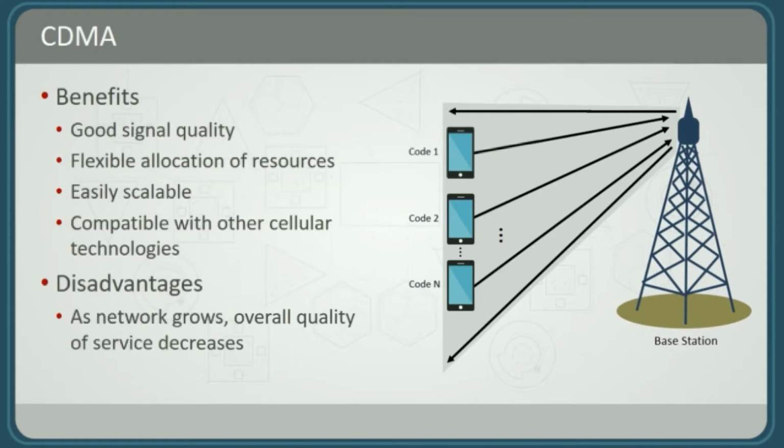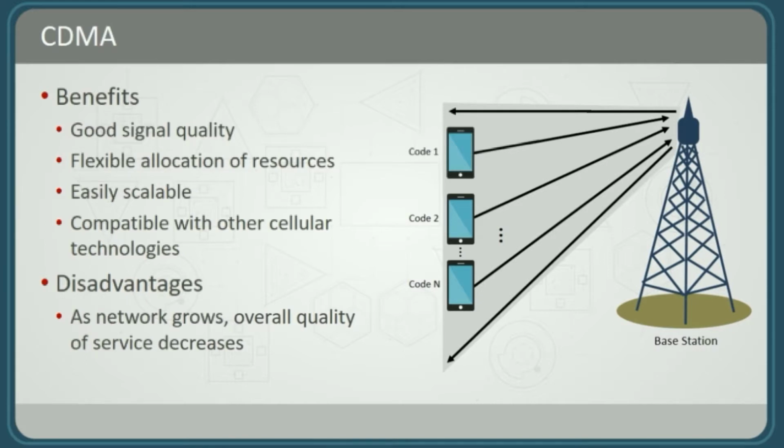So in terms of the benefits, this offers good quality signal. There's no division in terms of the time. So the signal quality is a little better. It offers flexible allocation of resources. It's easily scalable because you can just add more codes, and it's compatible with other cellular technologies. Disadvantages: as the network grows, overall quality of service decreases.